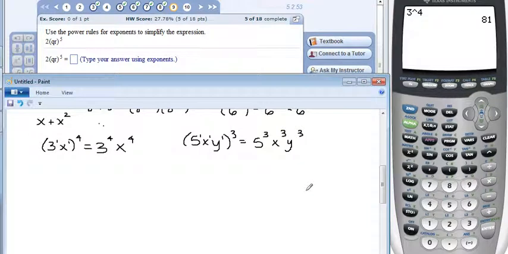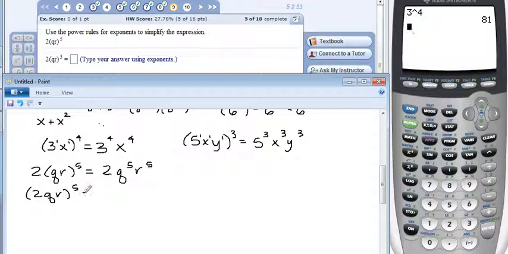All right. Now this one's a little different just because it has the 2 on the outside of the parentheses. So we have a q and an r raised to the 5th power. Now this is very different than this. This means the 2 gets the 5th power and the q and the r. And here it says, no, we want to multiply 2 and then each piece on the inside gets those 2.